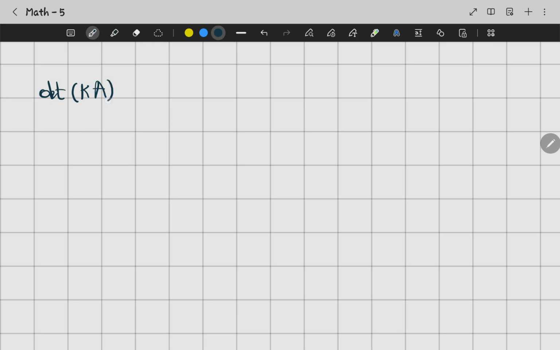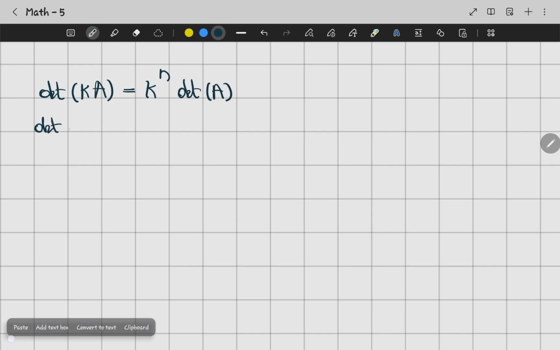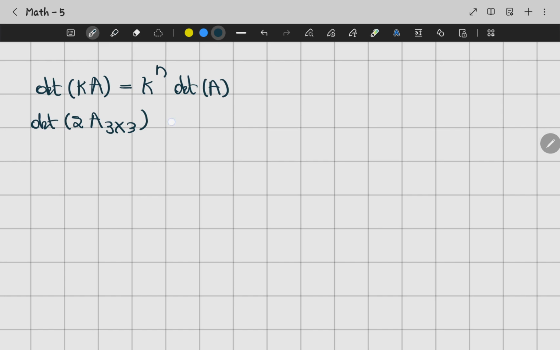Of a matrix times a constant K. This will give us K to the n times the determinant of A. Let me give you another example. Let's say you are asked to solve this.